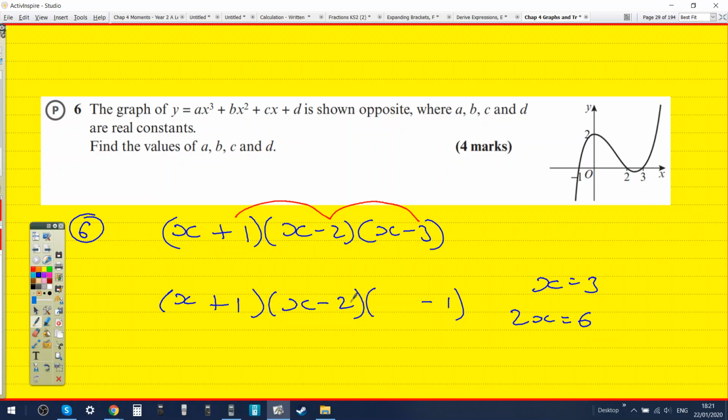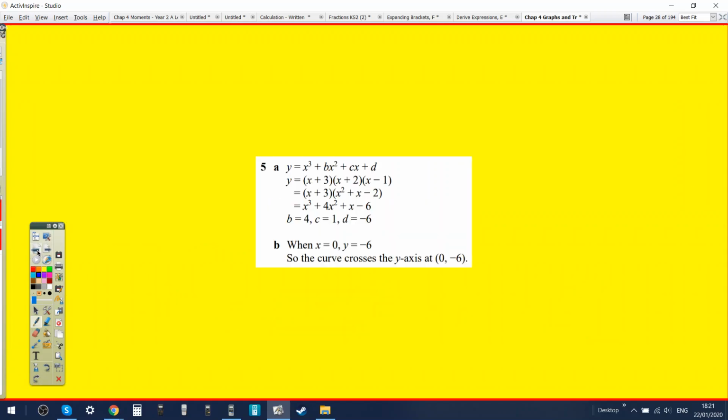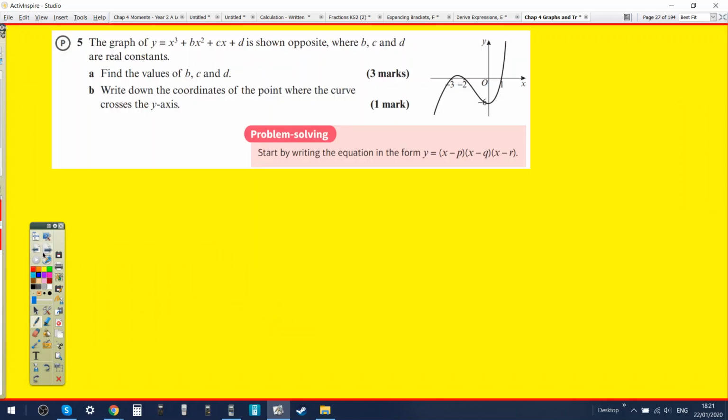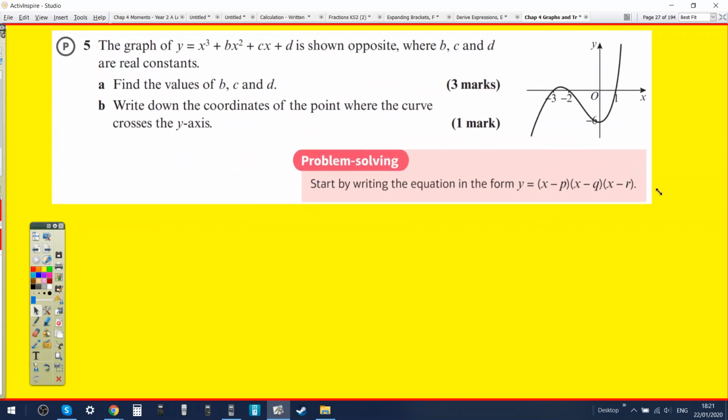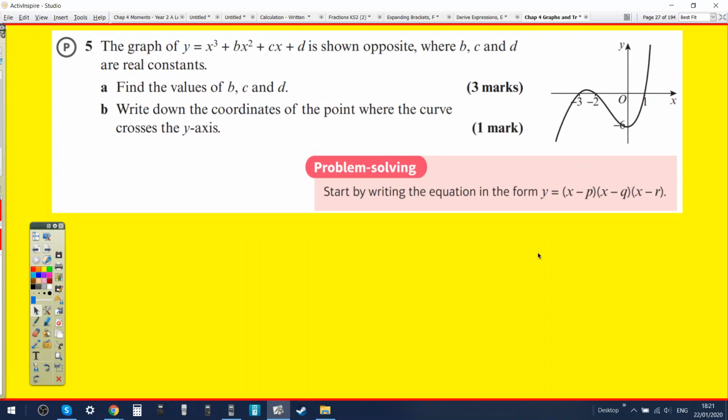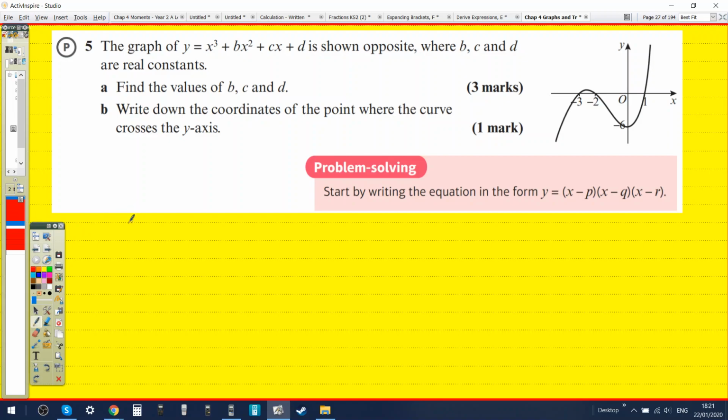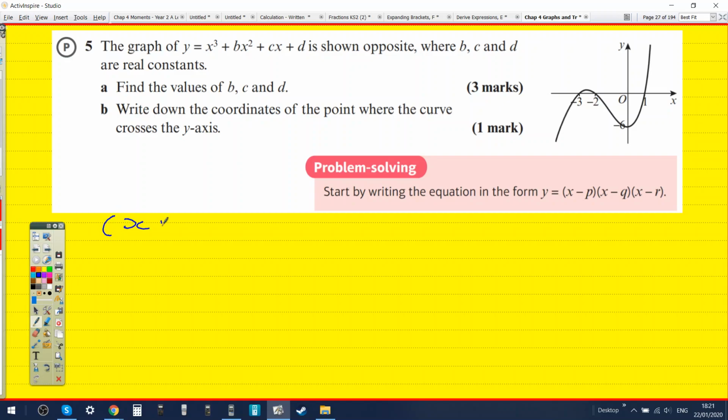I'm not sure. I'm not sure either. Let me go back a second. This one. What would this one be? x plus 3, x plus 2, x minus 1.